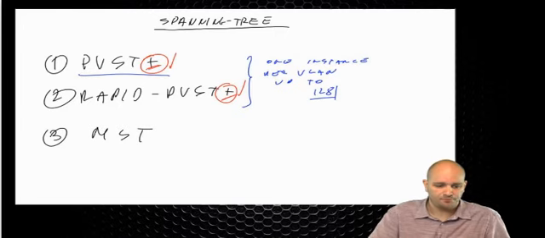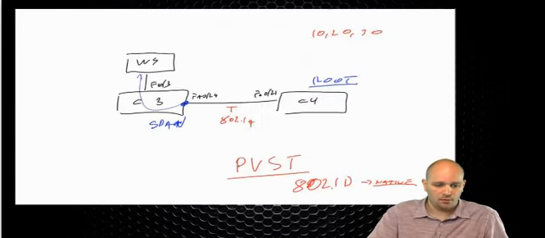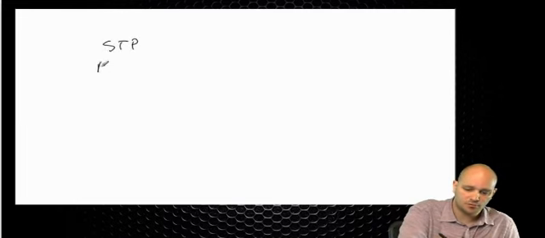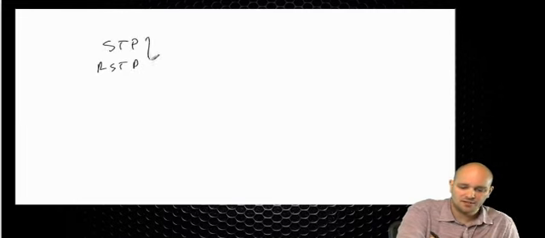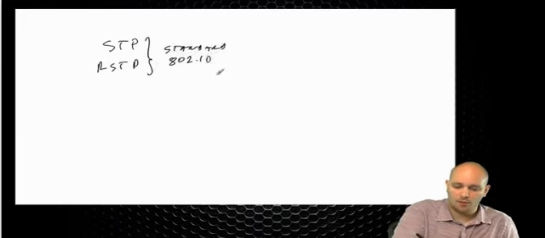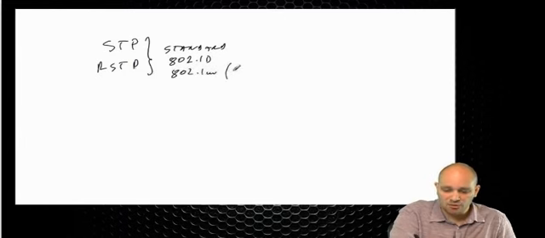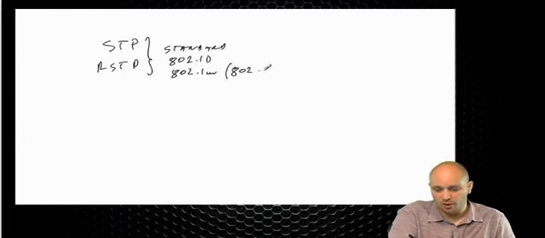So when we have a traditional spanning tree, I'm just going to call it the STP, and rapid spanning tree, these are standards, and STP is 802.1d. Now, interestingly enough, rapid spanning tree was originally 802.1w, but it's actually now 802.1d-2004.